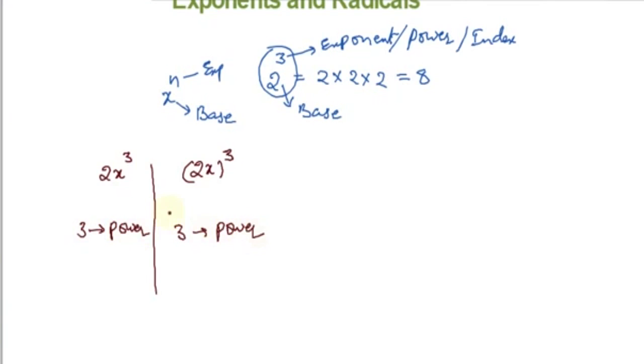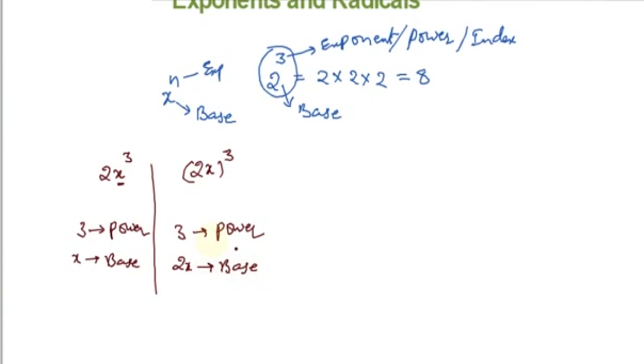But in the first one the base is only x, because the power is only for x. Here in the second, the power 3 is for the complete 2x, that is 2x to the power 3. So here 2x is the base.